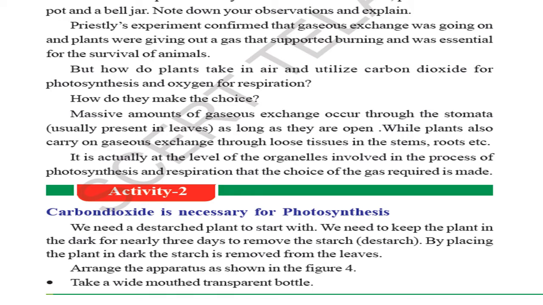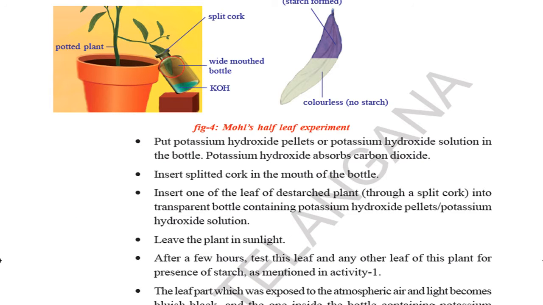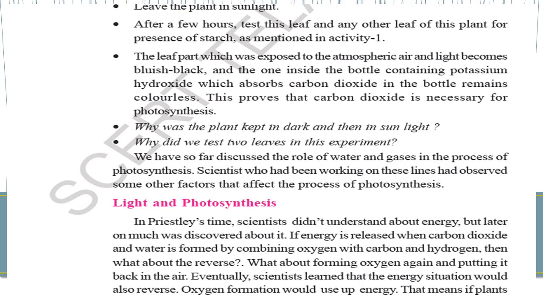Now see the experiment apparatus in figure 4. Take water, the color changes like this. It becomes colorless, no starch, pale. After a few hours, test this leaf. The part which is exposed to light and natural atmospheric air becomes bluish black, and the other part of the leaf which is inside the bottle containing potassium hydroxide absorbs carbon dioxide in the closed, corked bottle, and remains colorless.